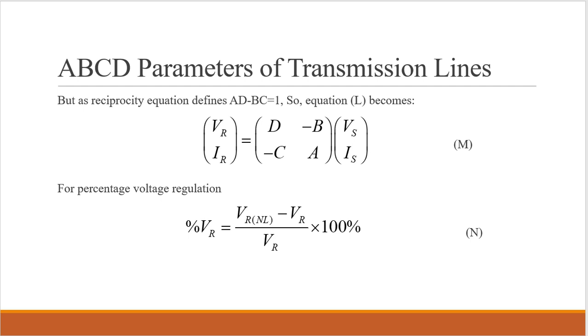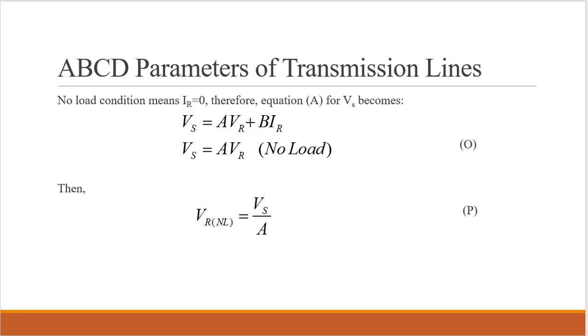Now for finding the percentage voltage regulation, we can say it is represented by VR at no load minus VR, divided by VR, into 100%. From this expression, at no load condition IR is equal to 0. Therefore Vs becomes equal to A VR, because IR is 0 at no load.